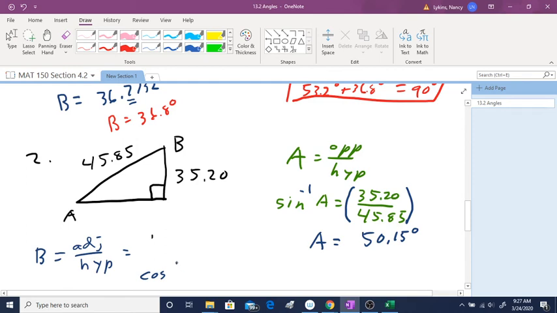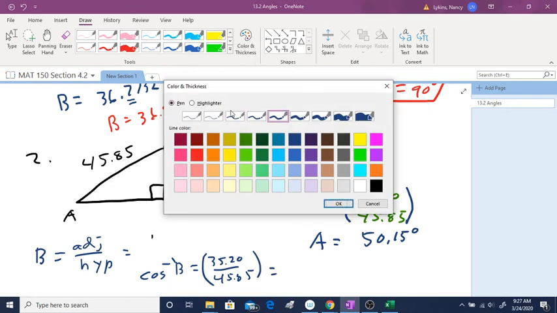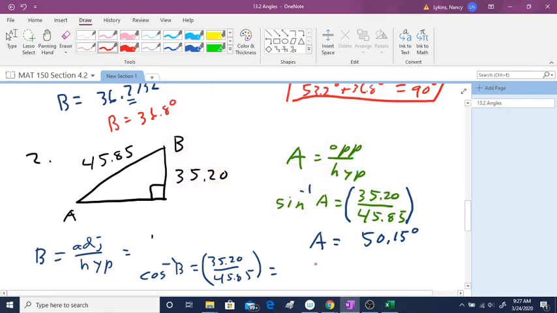So cosine of B equals my ratio, which is now 35.20 over 45.85. Put that in parentheses, do second and cosine, and when you do this, it should come out to be 39.85 degrees. And if you add both of them up, you get 90 degrees.